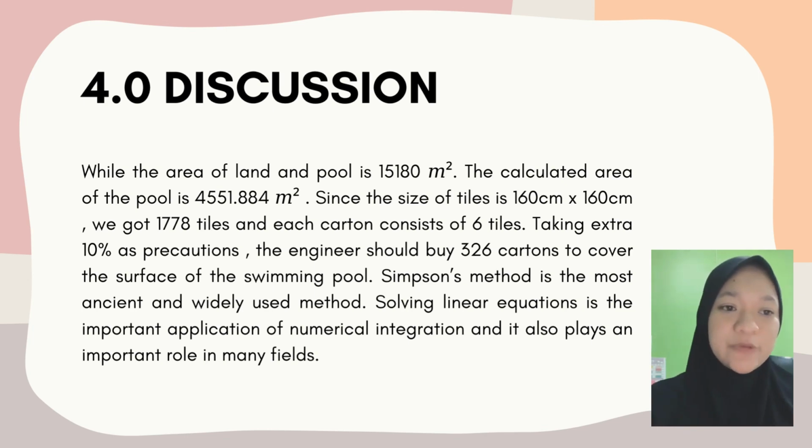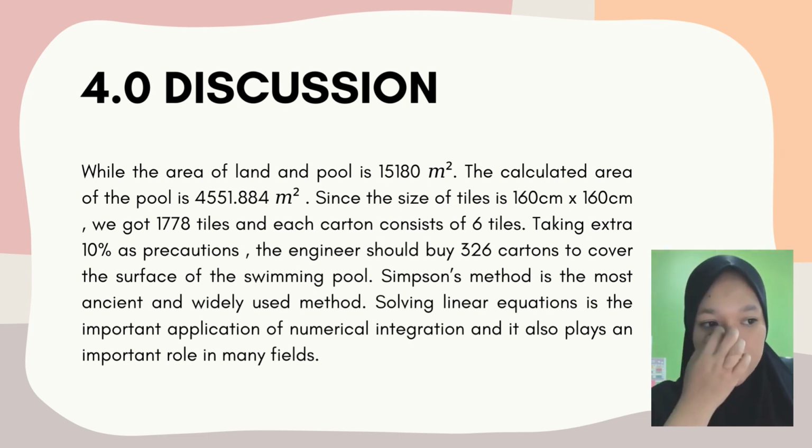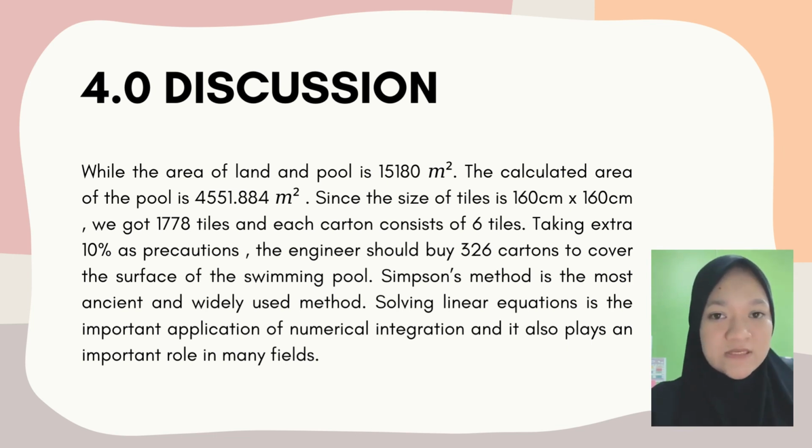Okay, so I continue with the discussion. The area of land and pool is 15,180 meters squared, and the calculated area of the pool is 4,551 meters squared. Since the size of the tile is 160 cm times 160 cm, we got about 1,778 tiles, and each carton consists of 6 tiles.